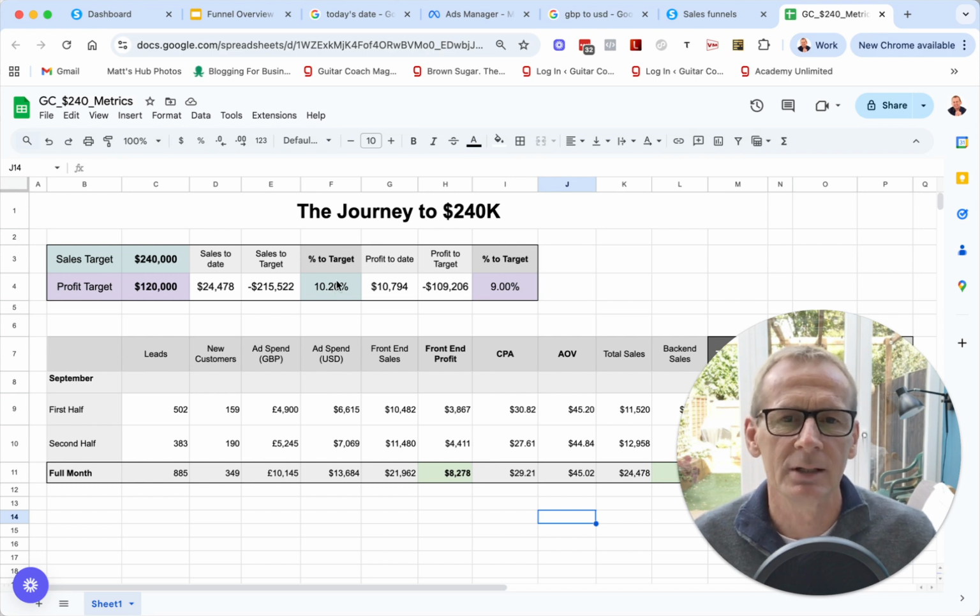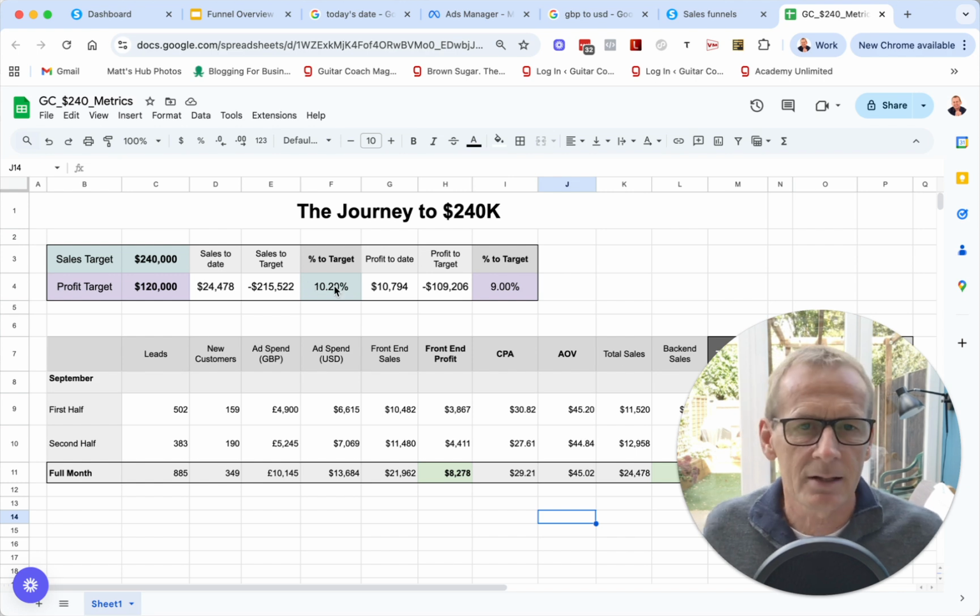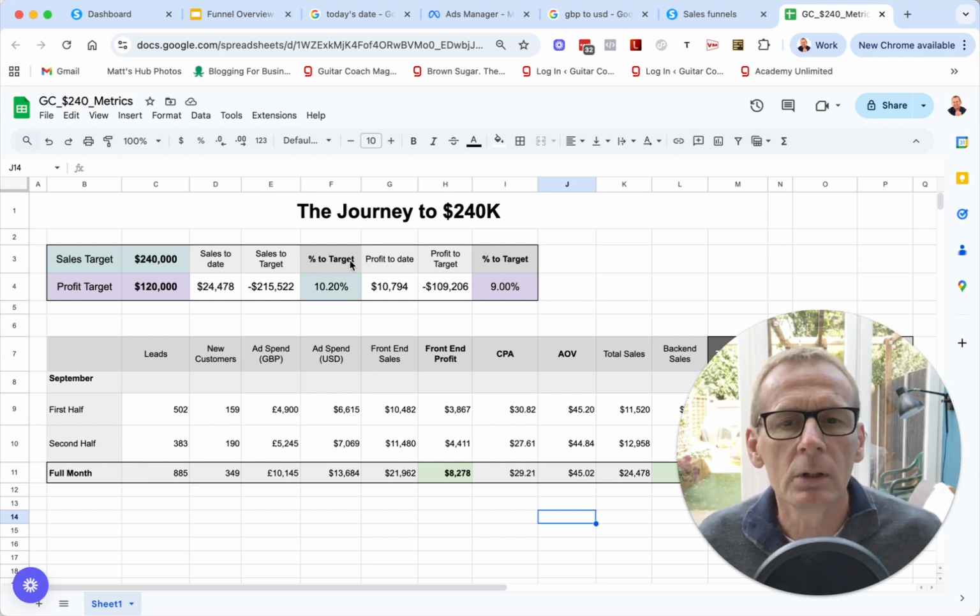Last year it wasn't anywhere near, but here we've got it tracking much closer together, and that's good. This is a 12-month journey, so it's about 8 point something percent a month to be on target.